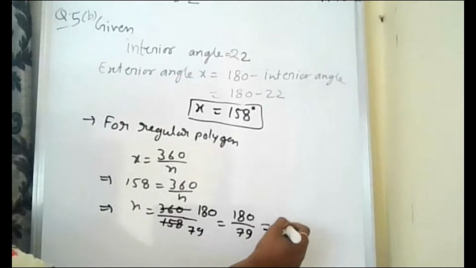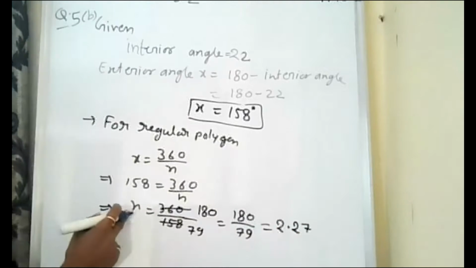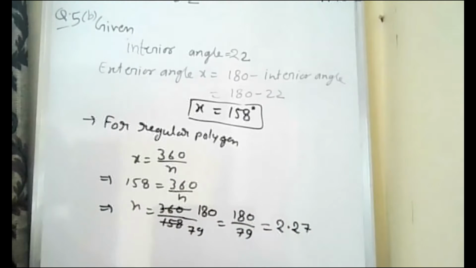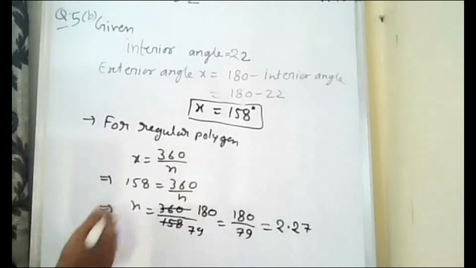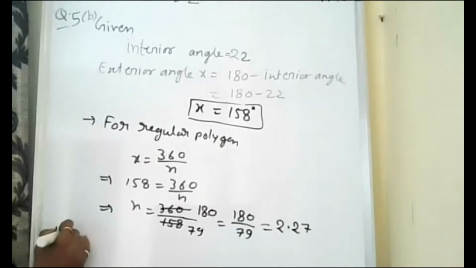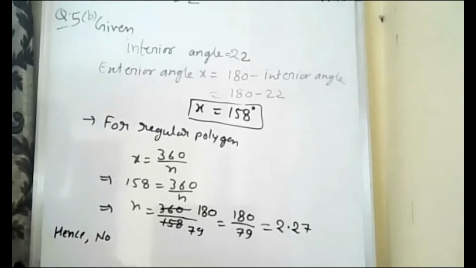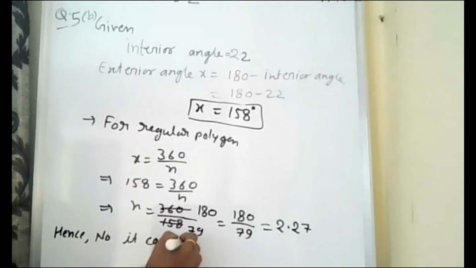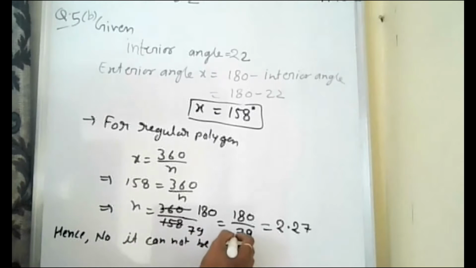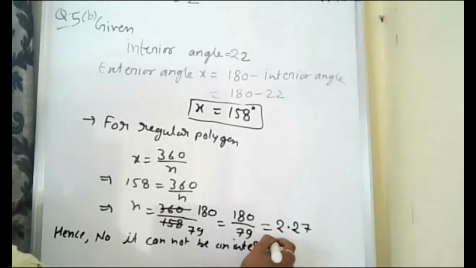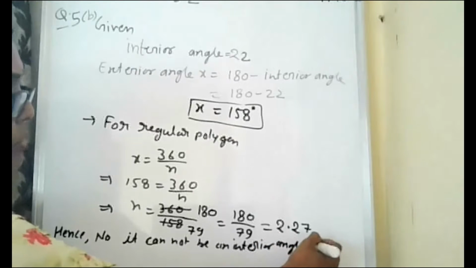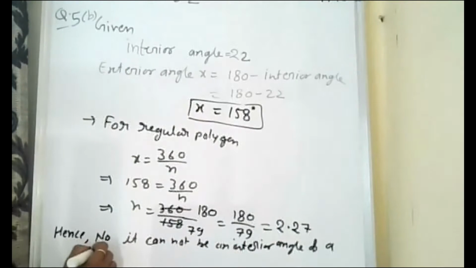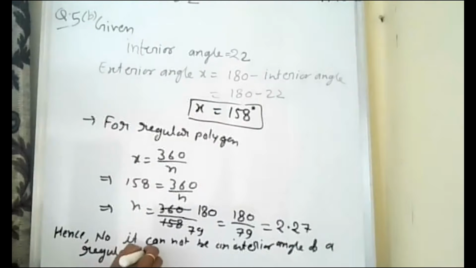After dividing, we get 2.27. Can the number of sides be 2.27? No. So again, hence, no, it cannot be an interior angle of a regular polygon.